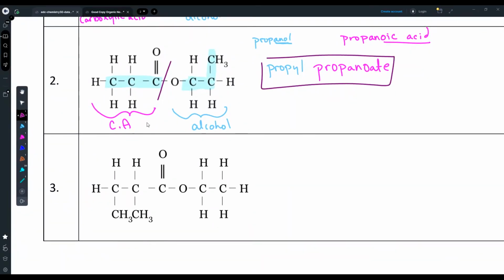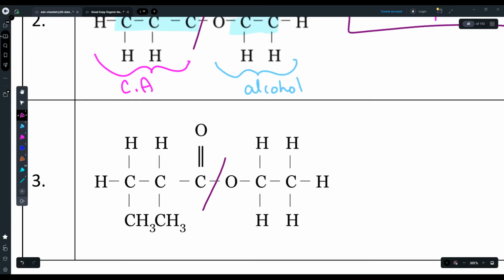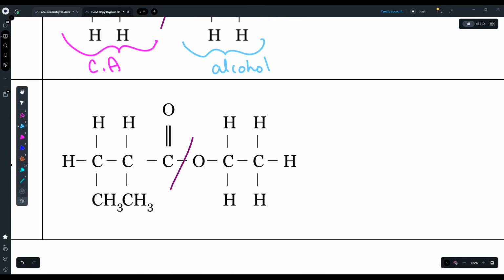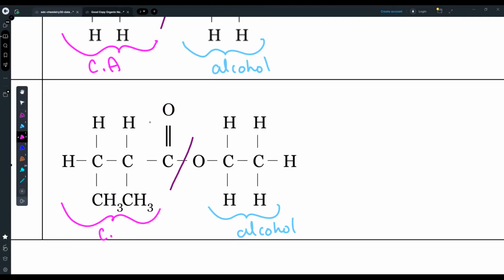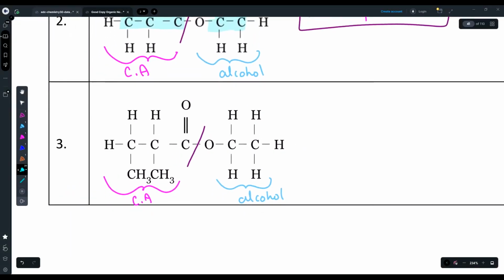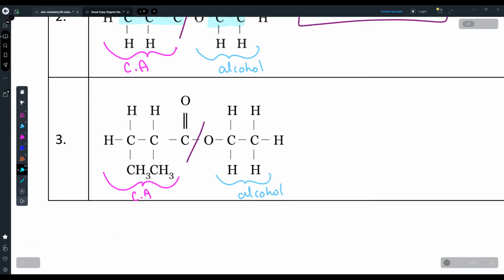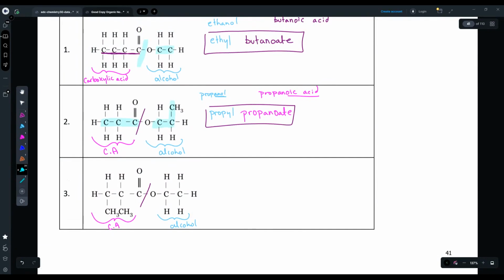Okay, next one here. There's a break point. Here's the alcohol. There's the carboxylic acid. Okay, so something just to keep in mind, for all of these examples, the alcohol happened to be on the right-hand side of the compound.